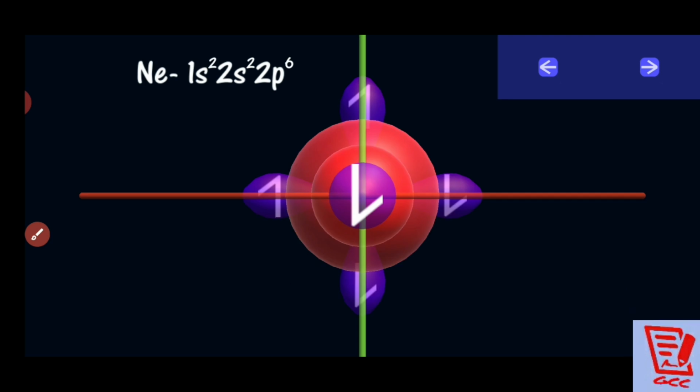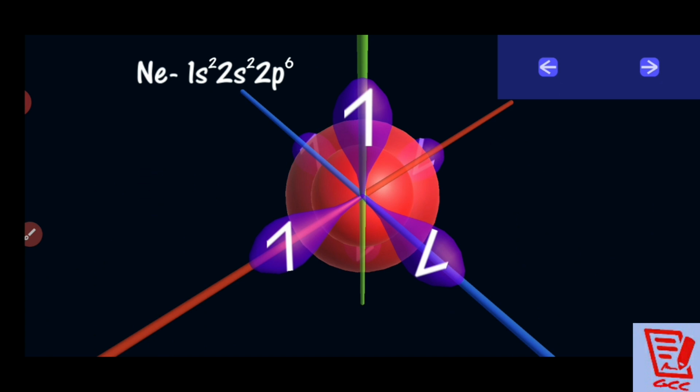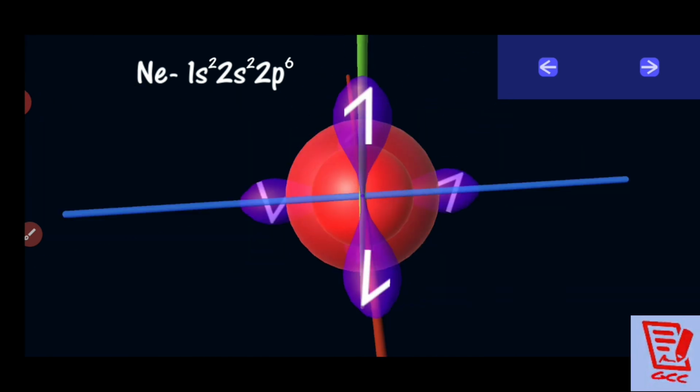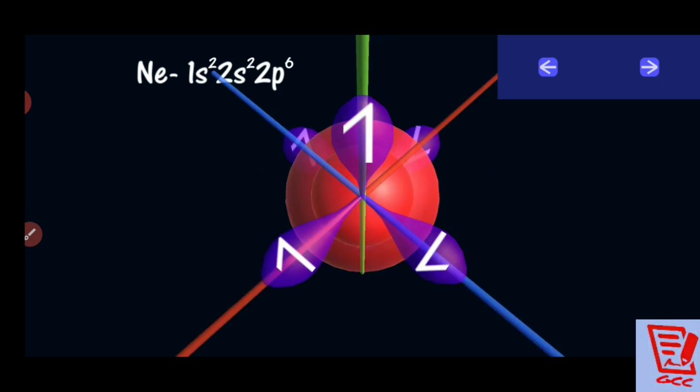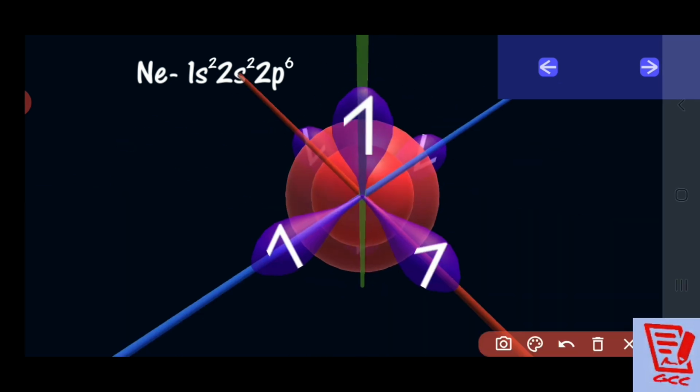Next one you see, neon. देखो ध्यान से, 2p6. These 3 are fully filled. ध्यान से देखो. बेटा ये 3 lobes ये हैं. One is containing. अब देखो ना, एक में क्या होता है हमारे पास?